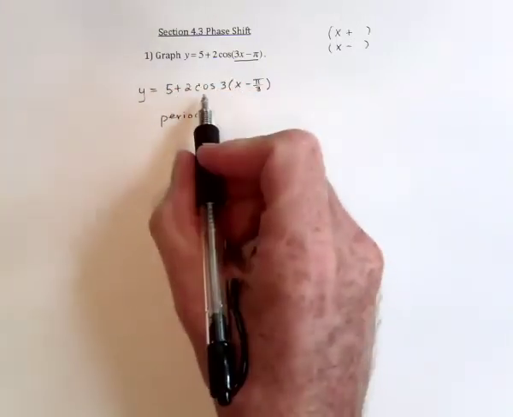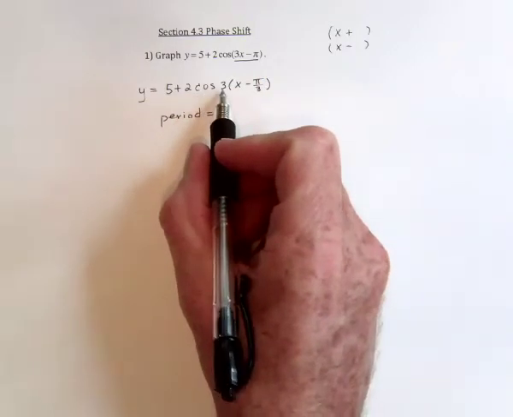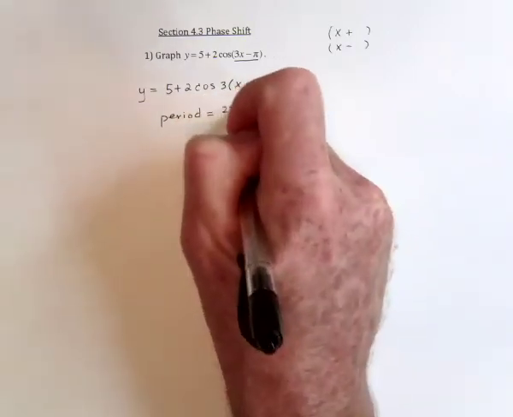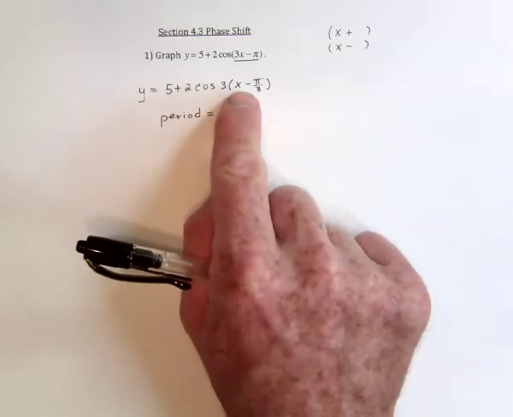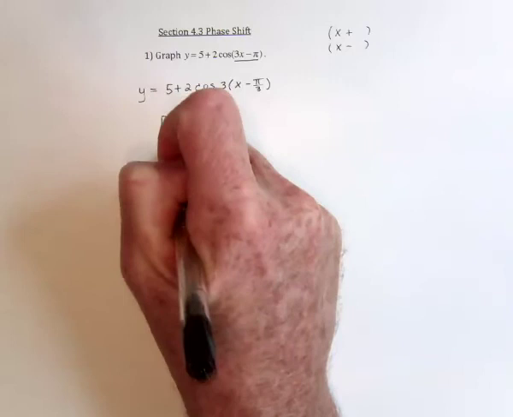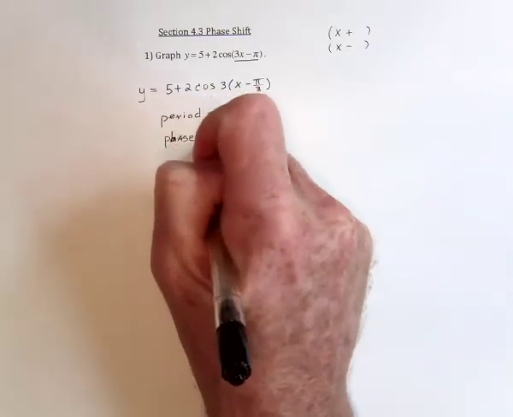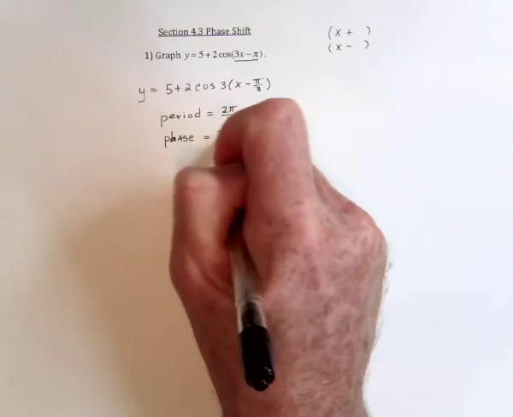So that's going to take the original period of cosine, which is 2 pi, and divide by 3. And it can't be reduced. So the other x information is this, the phase shift. And this is moving it to the right by pi over 3.